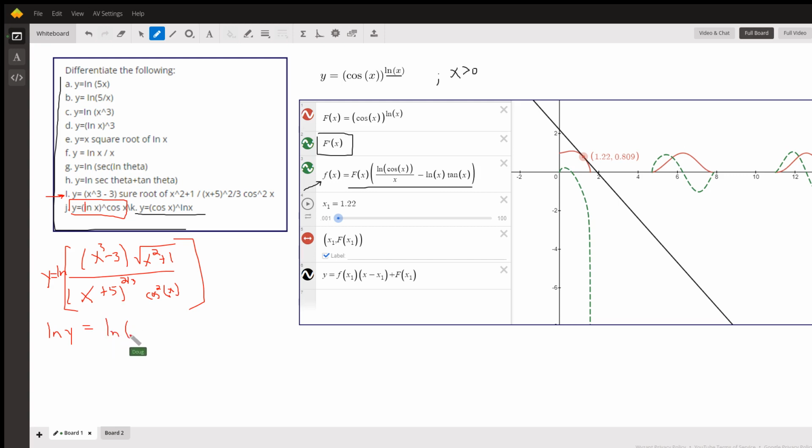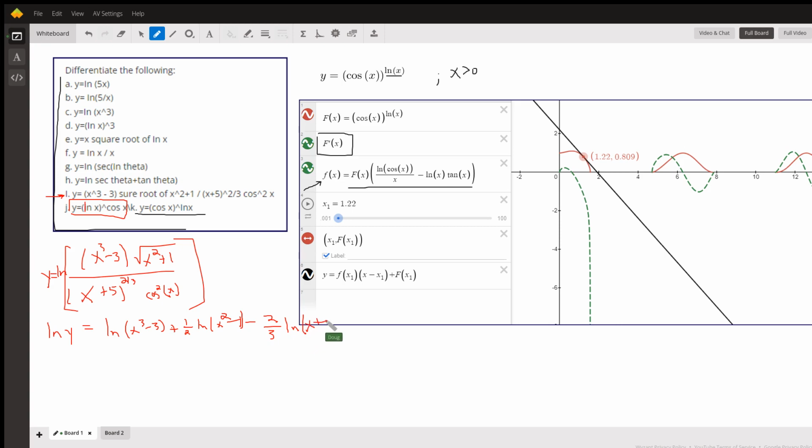Natural log of x cubed minus 3. Write this as x squared plus 1 to the 1/2. So I can say plus 1/2 natural log of x squared plus 1. And then minus 2/3 natural log of x plus 5.